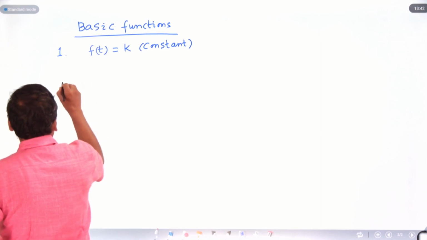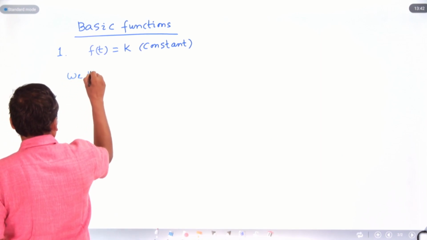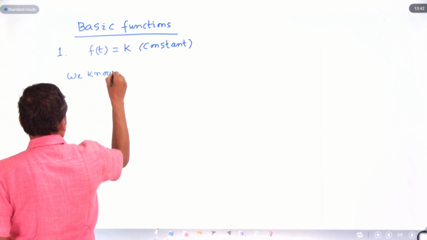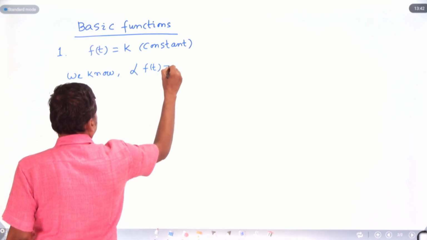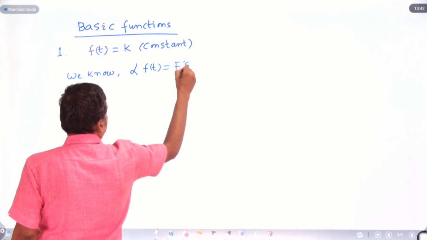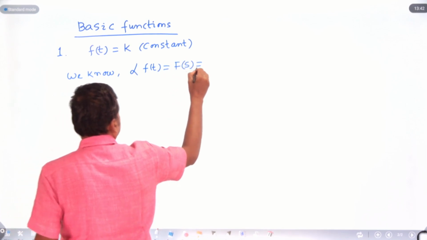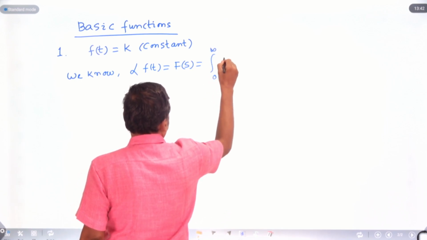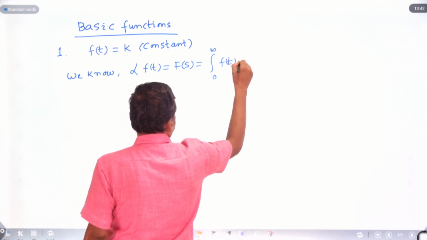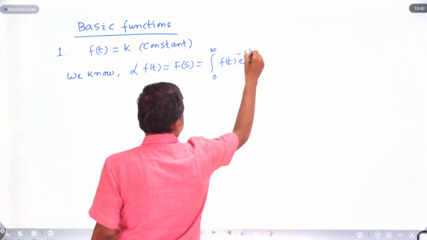Now we know that the Laplace transform of f(t) equals F(s), and the formula is the integral, where t varies from 0 to infinity, of f(t) e to the power minus st dt.